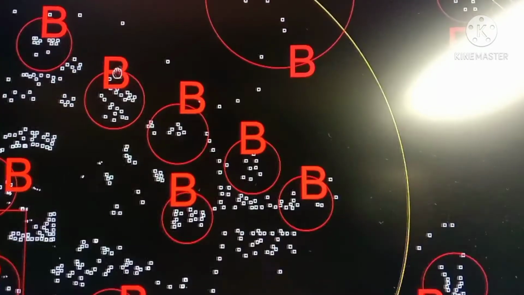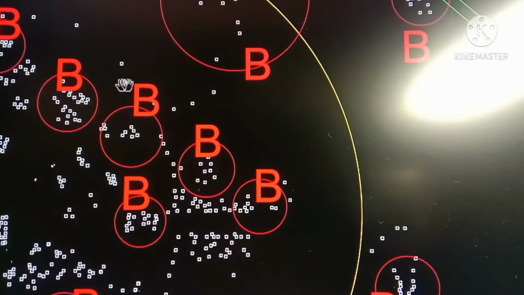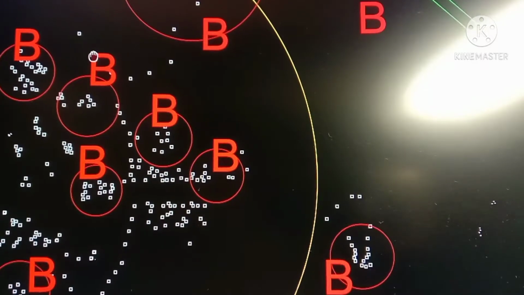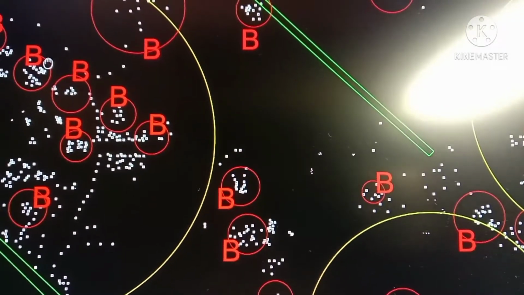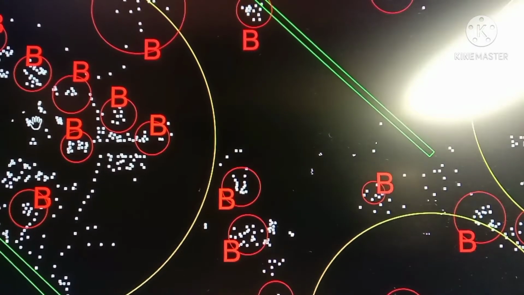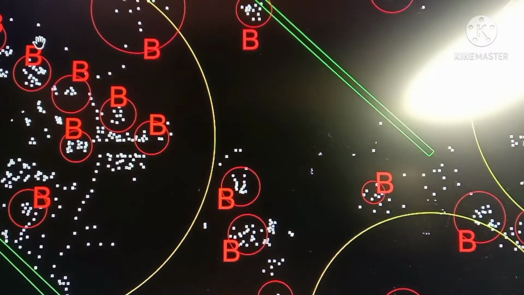So there are several branches of barangays to form a town. So how many barangays are these? Let's say 1, 2, 3, 4, 5, 6, 7, 8, 9, 10. So there are about 10 barangays in this town 1.